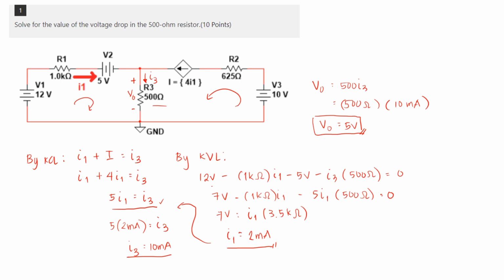Now we can also check this by taking the loop on the other side. Let's say 10 volts minus 625 times 4I1, the current that flows in that loop, minus I3 times 500 is equal to 0. So 10 minus 625 times 4 multiplied by 2 milliampere, minus I3 times 500, is equal to 0.